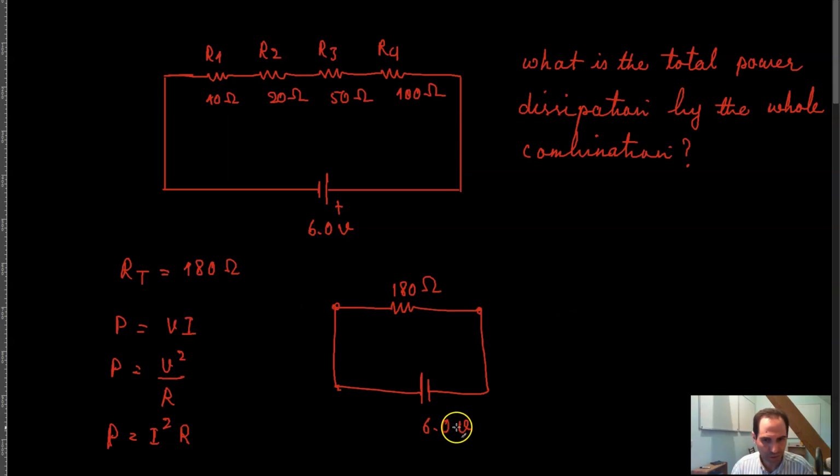So you square this voltage and divide by the resistance, meaning that you would get 36 divided by 180, which is equal to 0.2 watts. So P would be 0.2 watts.